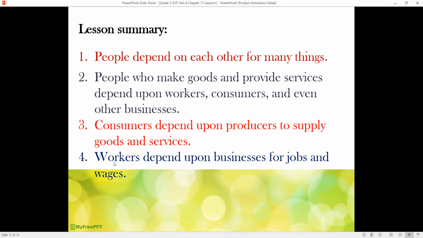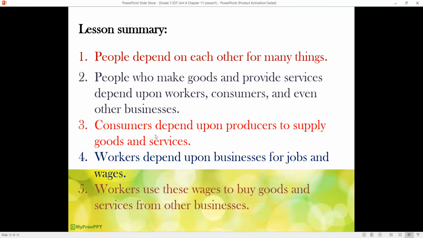That means workers are the people who work for us, right? So for them to get a wage or a salary, they depend on a business. If there is a business, they will get a job, and if they get a job, they will get a salary. Workers use these wages to buy goods and other services from other businesses. So you see, everything is a cycle.